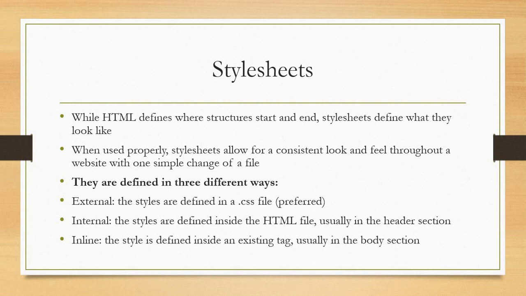Internal is defined right within the HTML file in the header section. Inline is also done right within the HTML file, but it is done within existing tags, usually within the body section of your HTML code.